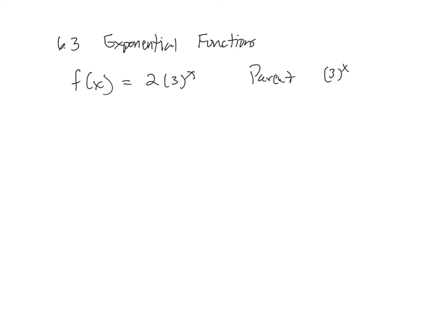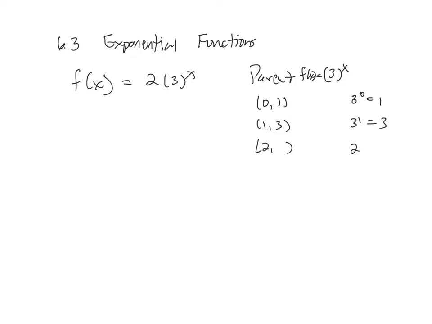Okay, and so I should have put that f of x in there. If I were to graph this one on the right side, okay, remember we're just going to plug in 0, 1, and 2. If I plug in 0, 3 to the 0 power equals 1. 3 to the first power equals 3.